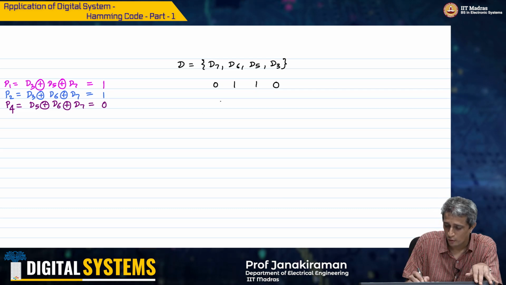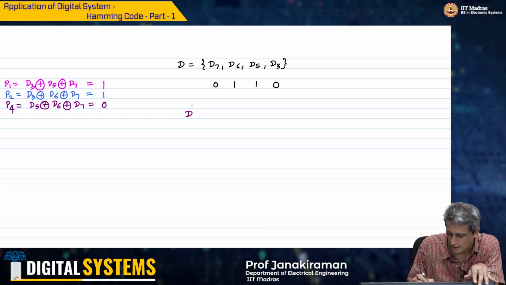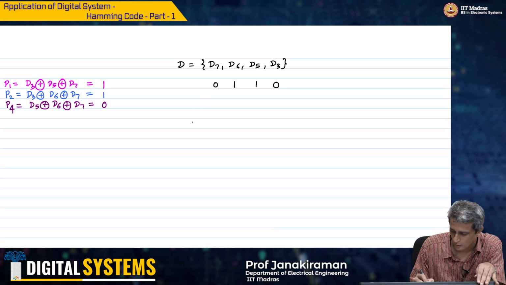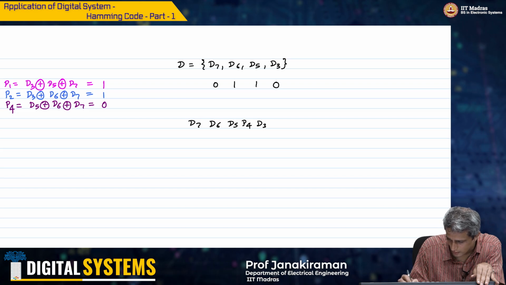Okay. So what you are going to send eventually across the channel is 7 bits of information, which is D7, D6, D5, P4, D3, P2 and P1, right.